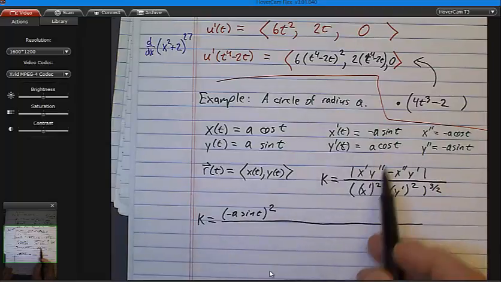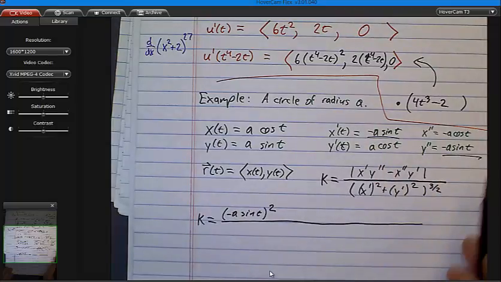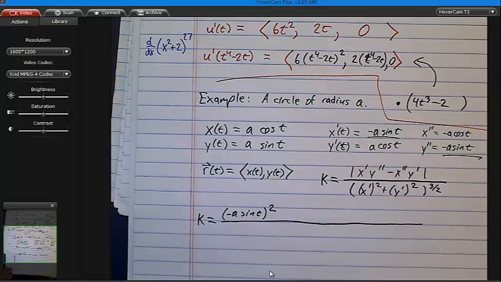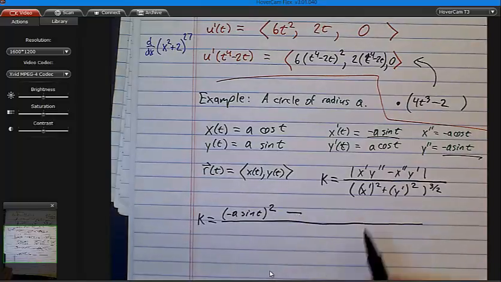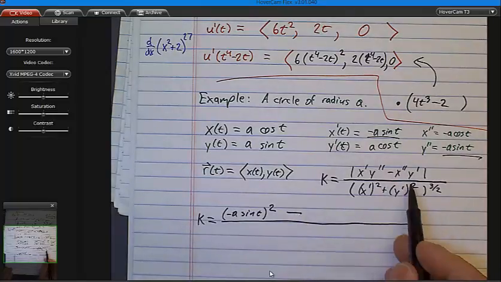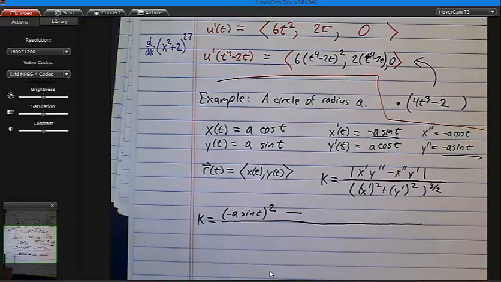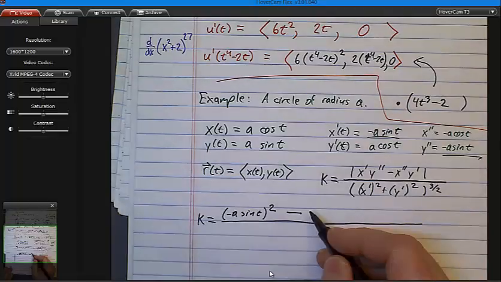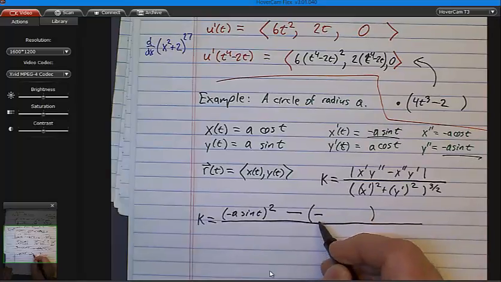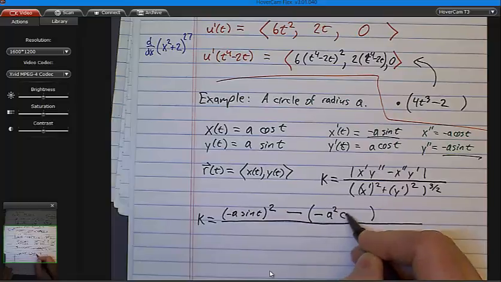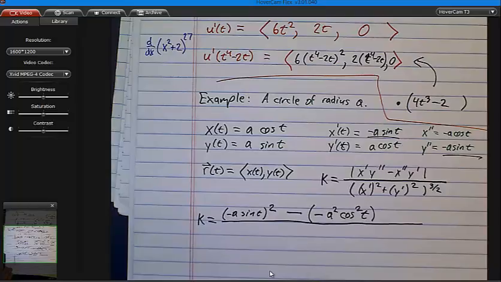If I take x prime y double prime, see how it matches up? So that's where I wrote the squared. Minus, and now x double prime times y prime, I guess we get what? Negative a squared cosine squared t.